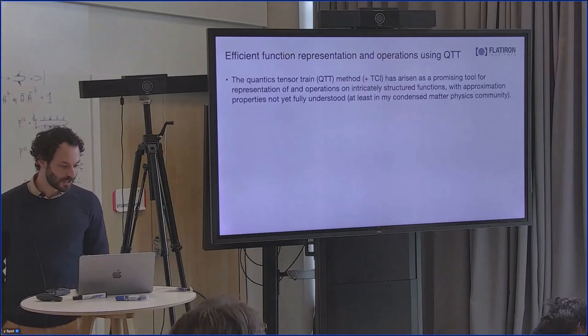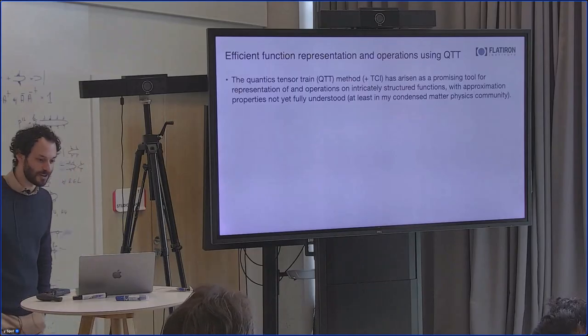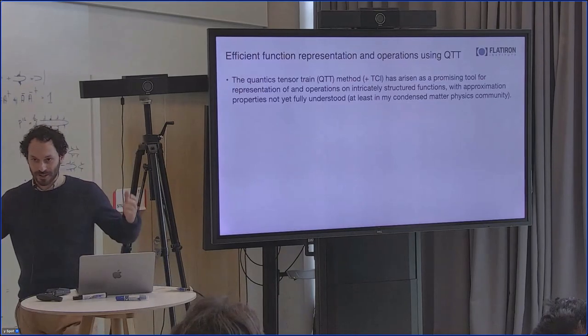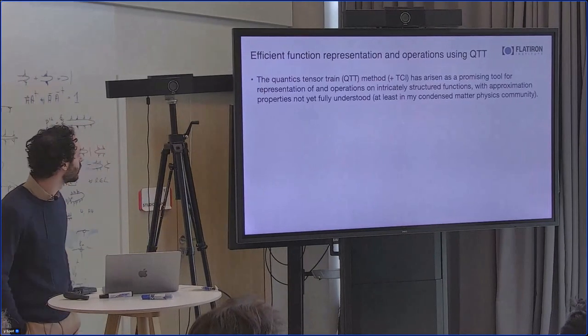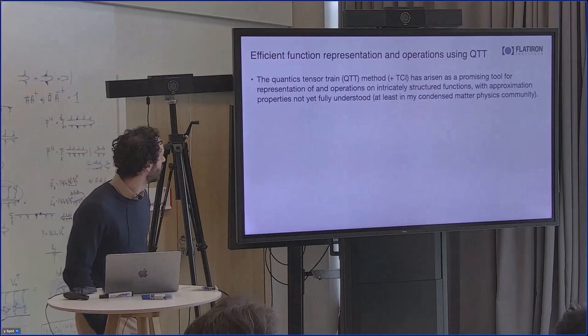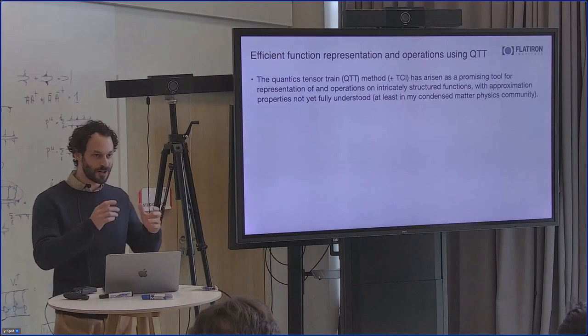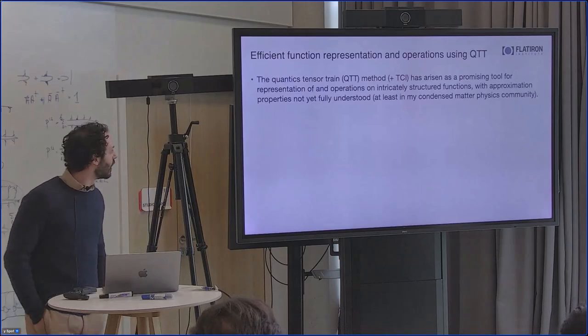So we've heard a lot about QTT already, of course, with TCI. This has really come up quickly as a promising tool for representing and doing operations on functions that have interesting, intricate structure.